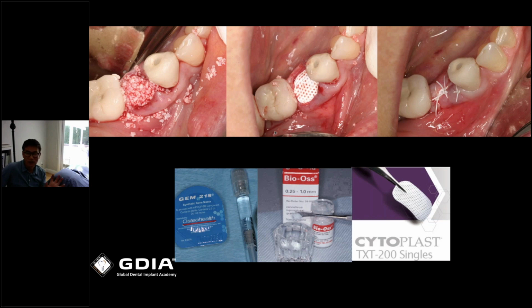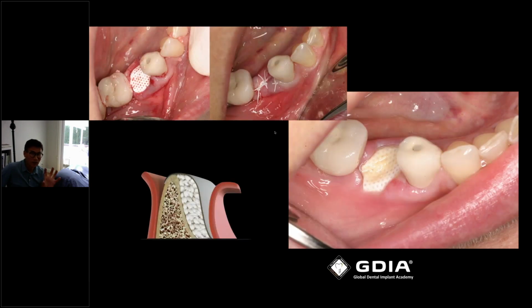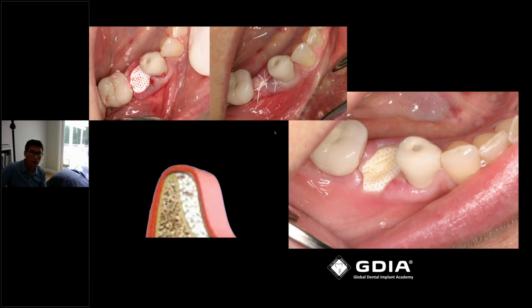And then under there, the keratinized tissue develops. But when you look at this carefully, these days I'm probably not using it. In the beginning there was not really primary closure, but I had good keratinized tissue on the buccal side.